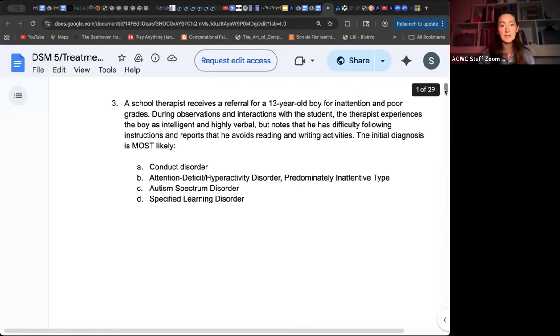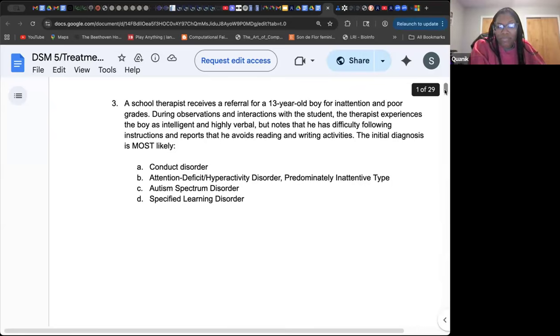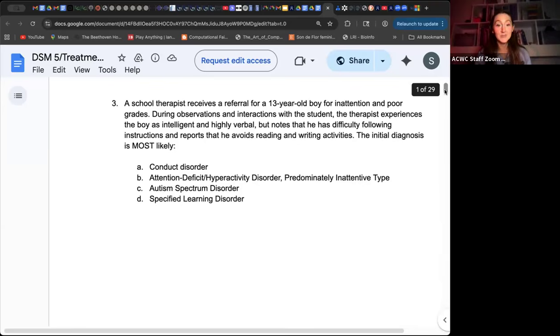But then if you keep reading, during observations and interactions with the student, actually the therapist is realizing this boy is highly verbal and intelligent, but he has problems following instructions. That still can sound like ADHD inattentive, right? Because I definitely know several people with this, diagnosed with it, not just us being funny about it. And it reports that he avoids reading, but right here, he avoids reading and writing activities.